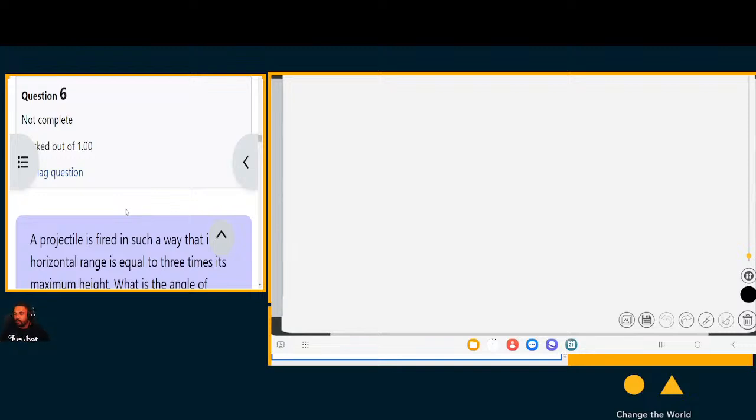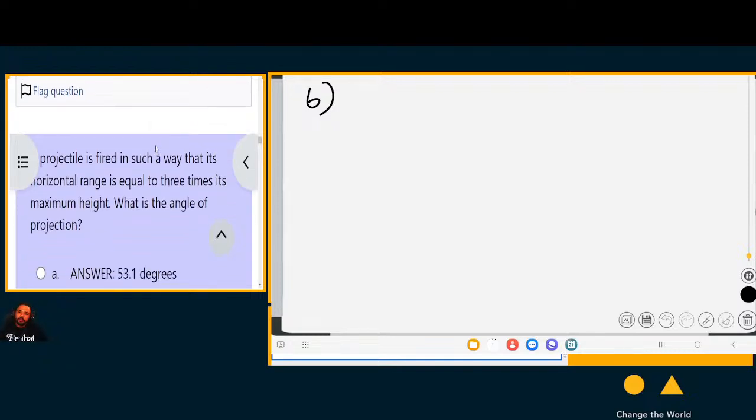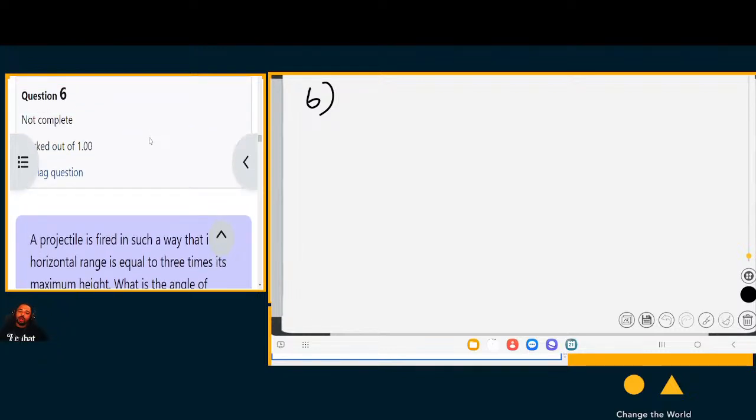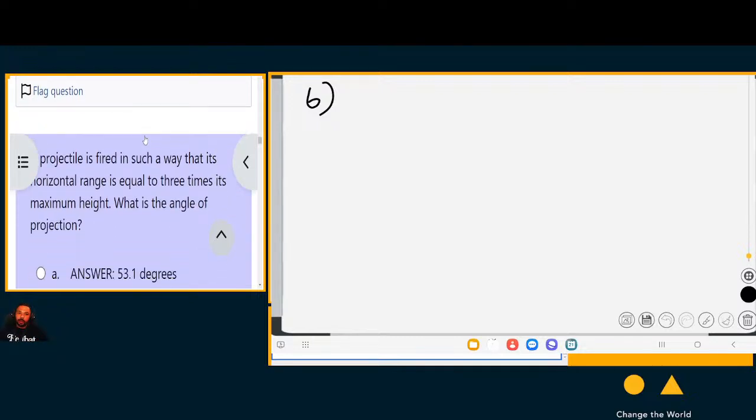For those of you who joined when Arnold was presenting on Monday, he ended at question number 5, which is also part of motion in one and two dimensions.